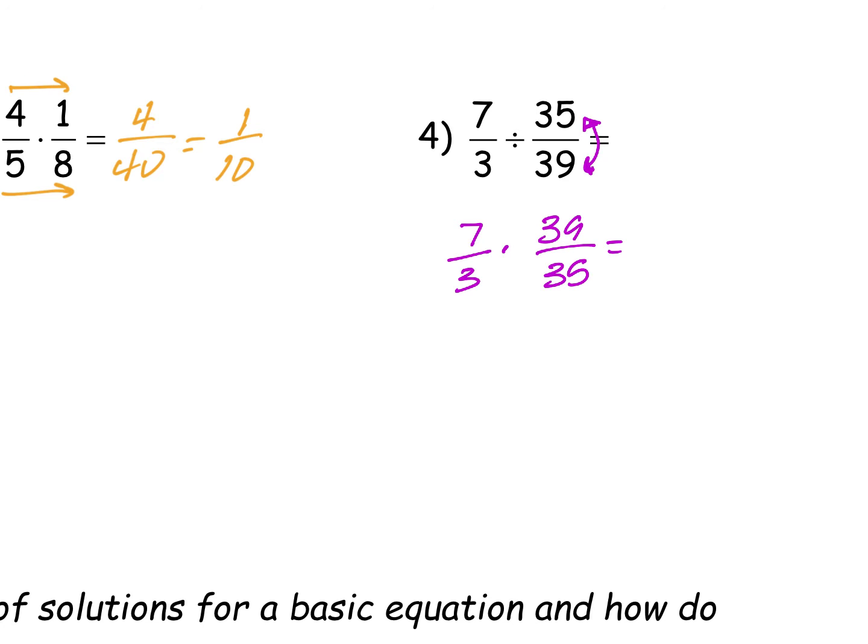On this one, I'm going to simplify first. So 7 goes into 35 5 times, and 3 goes into 39 13 times. So my answer should be 13 over 5. Okay, not too bad. Just a quick review of how to add, subtract, multiply, and divide fractions.